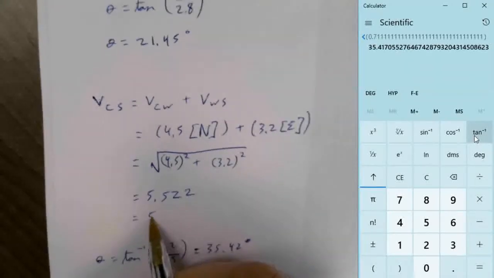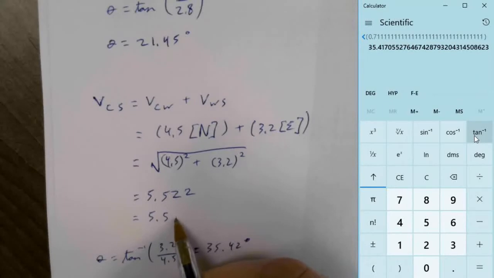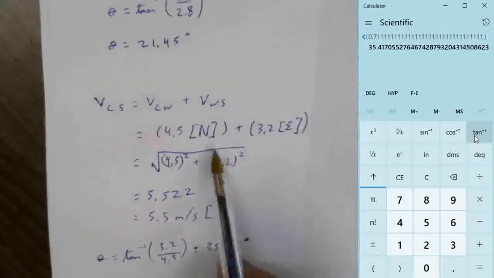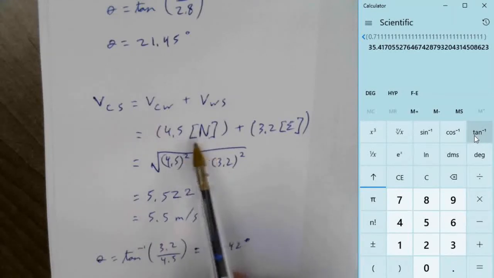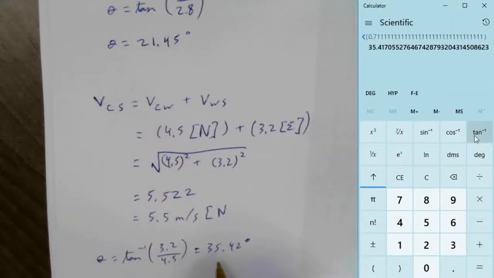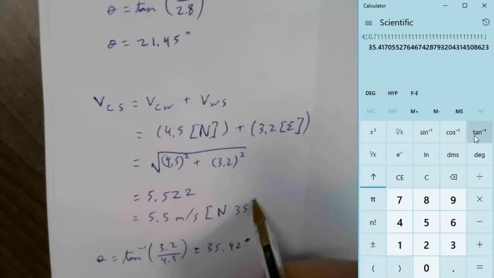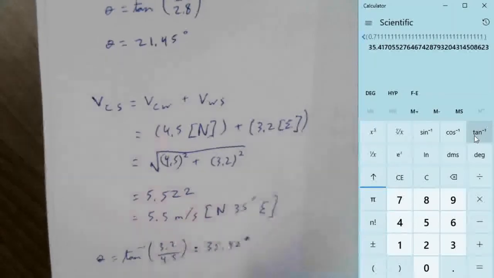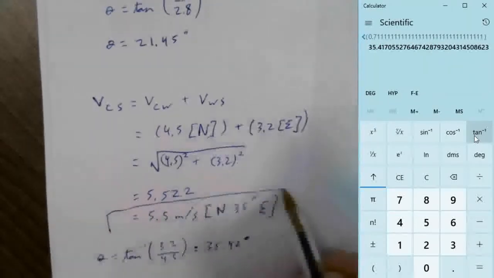And I can just round this. I end up with 5.5 meters per second. The first direction I write is the greater magnitude direction, so that would be north. The angle is 35, and then the other direction, east. And then I box my solution here.